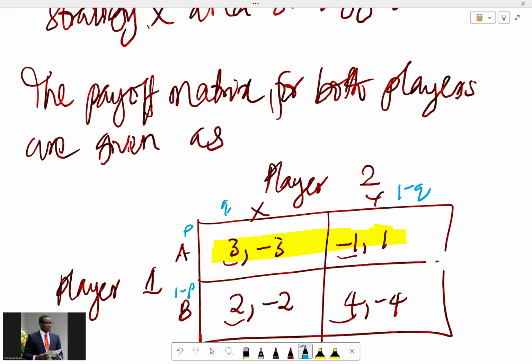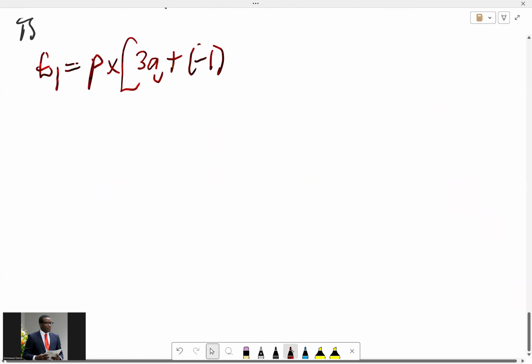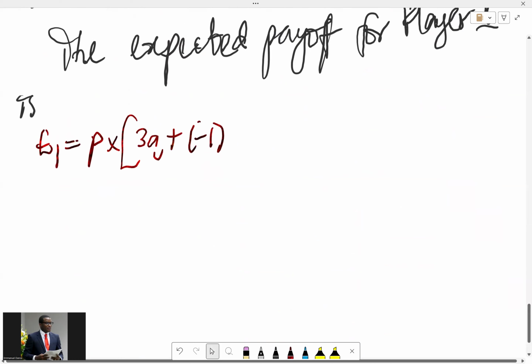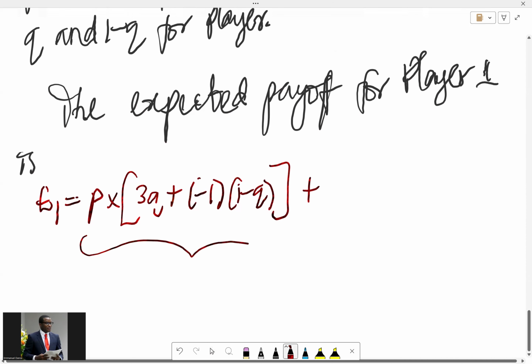So for A now, we have P multiplied by 3Q plus minus 1 multiplied by 1 minus Q, as we see in that table. The whole of this is for strategy A.